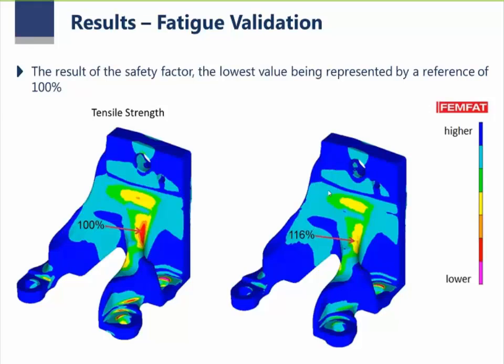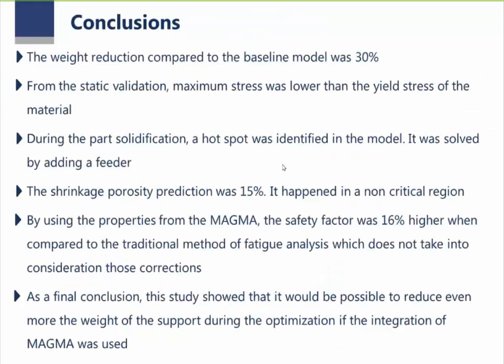So some conclusions here. I didn't show you the original model, but this is the new design. The lightweight condition was 30% less weight compared to the baseline model. From the static validation, there was a lower stress, less than half of the yield stress limit.